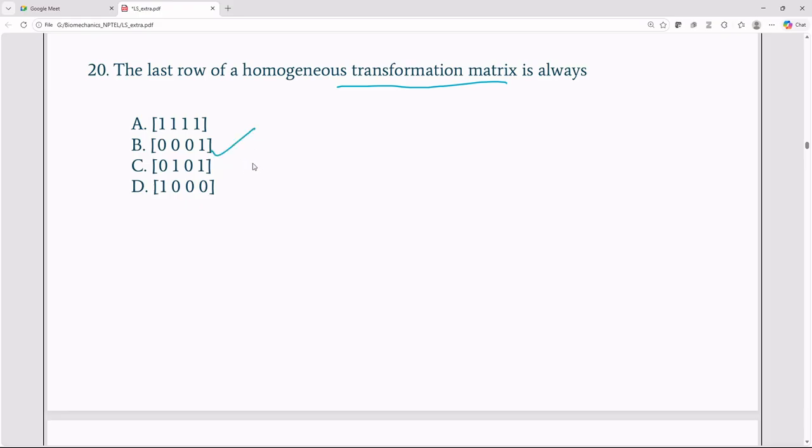Correct answer is option B. That is, the last row of the homogeneous transformation matrix will always be three zeros and one, where the one is a scaling component.